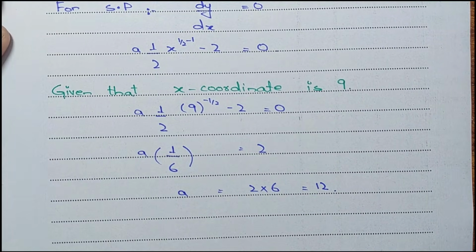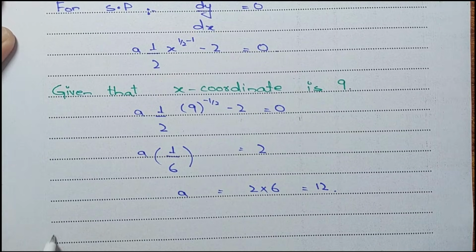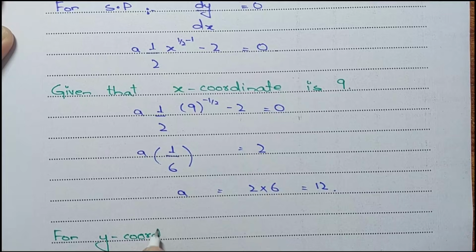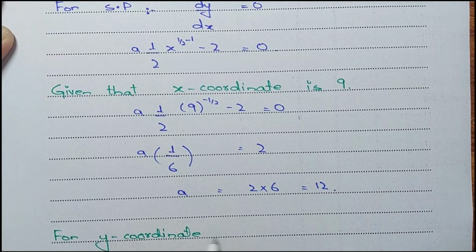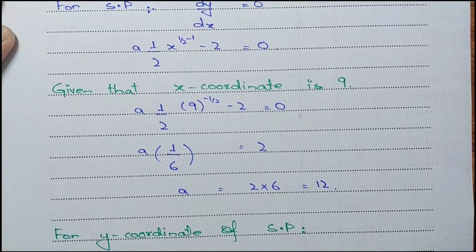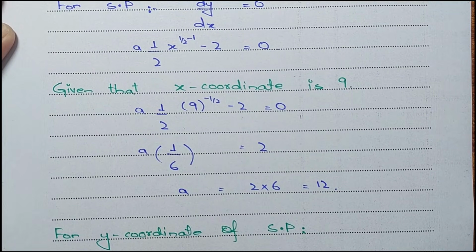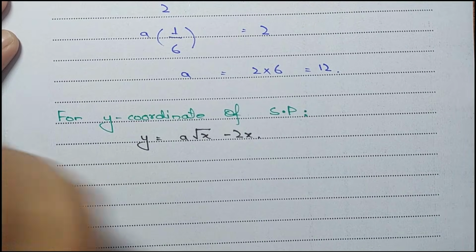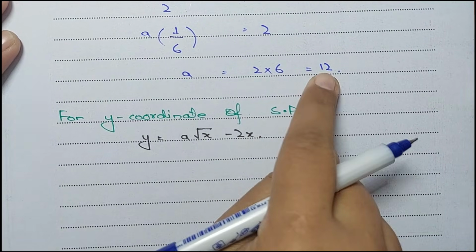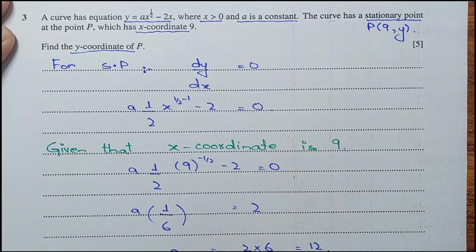Now to get the y coordinate of the stationary point, put the x coordinate into the equation of the curve. The equation of the curve is y equals a square root of x minus 2x, right? Now we have a value is 12 and the x coordinate is 9.